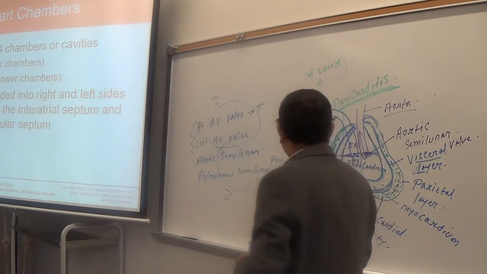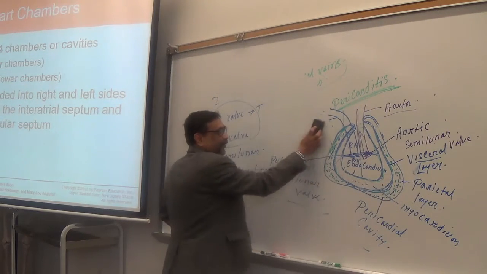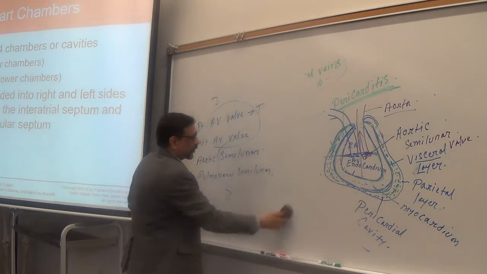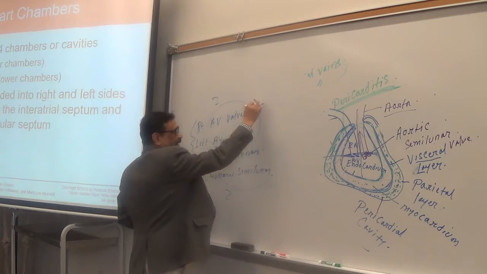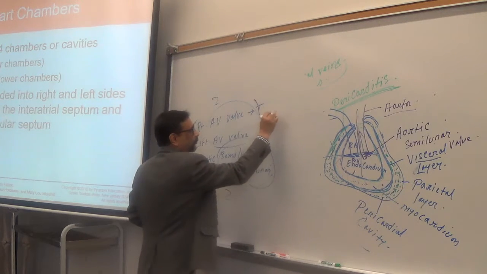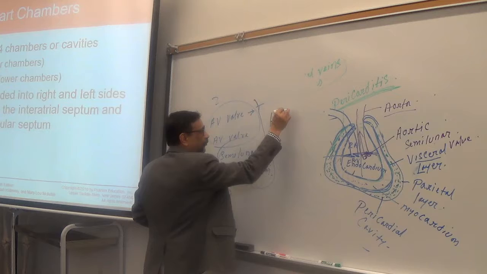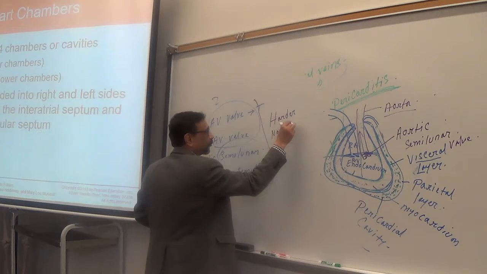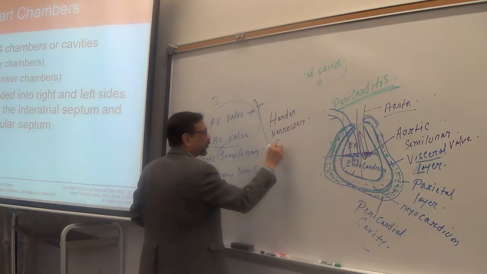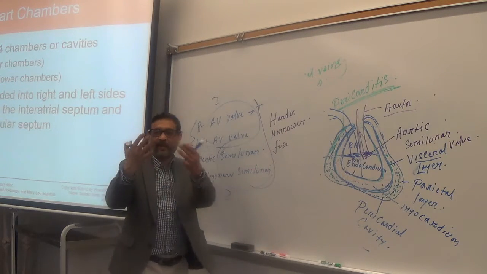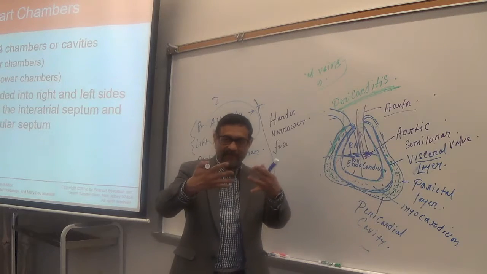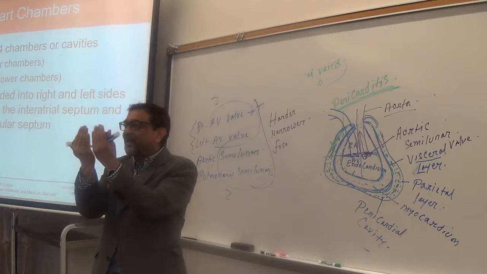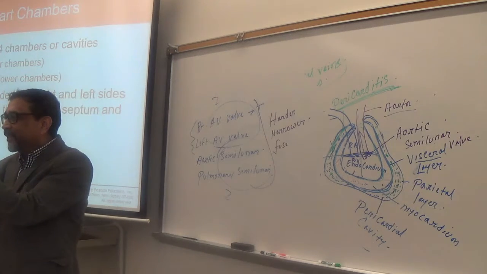So, sometimes these valves can get harder and narrower, can get fused together. Three cusps, right? I said tricuspid or bicuspid. Three leaf-like structures, then they can get fused to each other, okay?